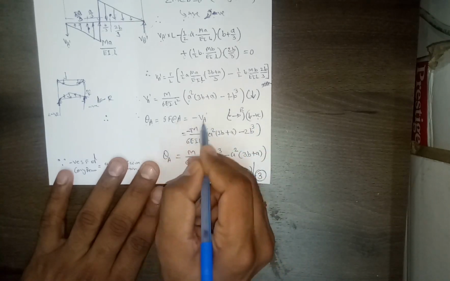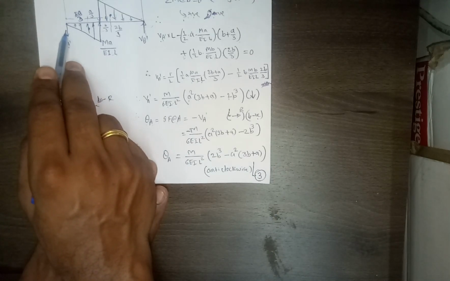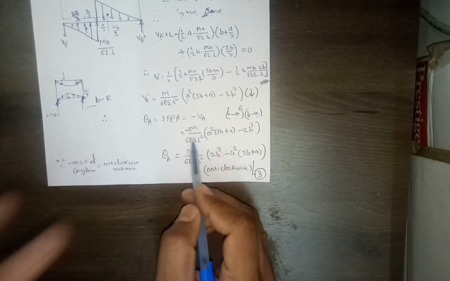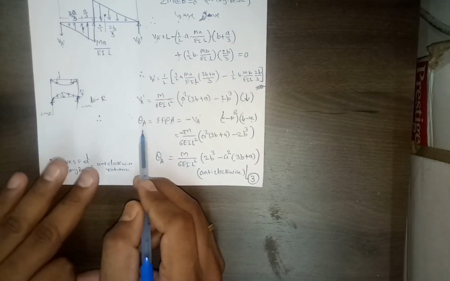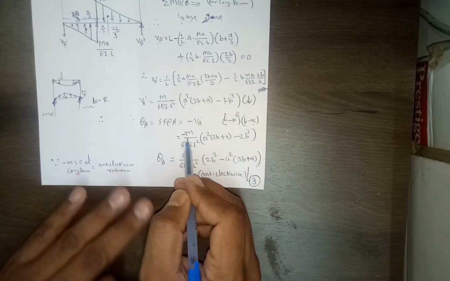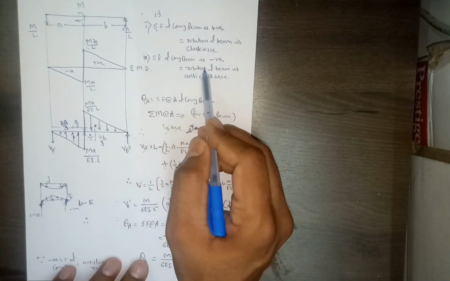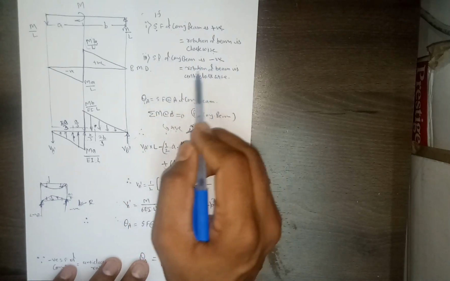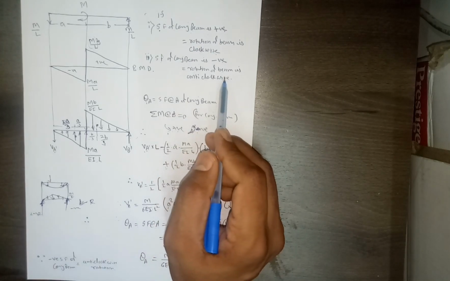That means the negative of this force is the shear force at this point, and that is the rotation. So this much negative shear force, negative rotation, indicates rotation of the beam is in anti-clockwise direction.